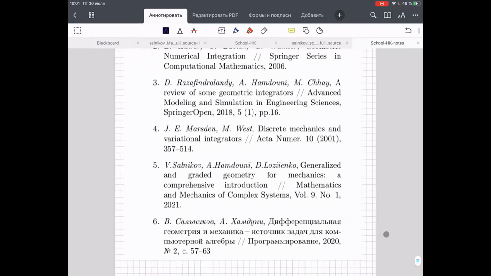And there is also one text in Russian, but it is actually finally translated to English, where we wrote something for computer algebra people. So actually we vulgarized all the geometric concepts to more or less vector spaces and matrices and all this stuff. So maybe to start this is not bad as a reading.